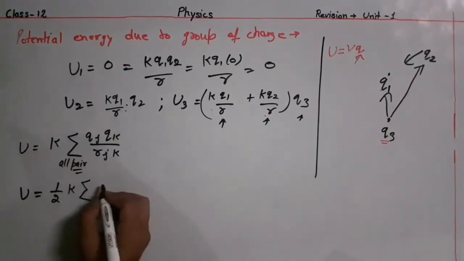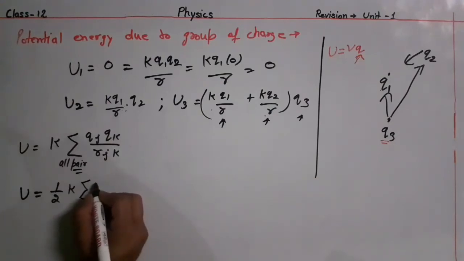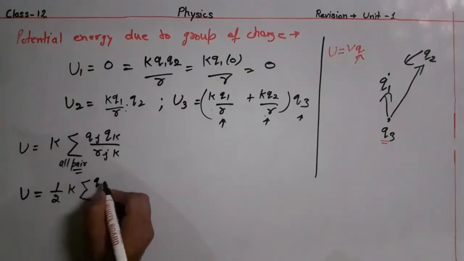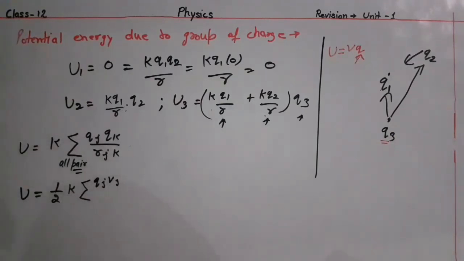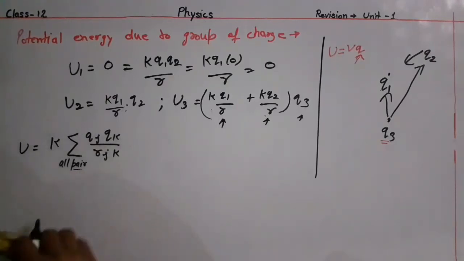So we will get, if we write it in the form of Qj and Vj, Qi or Vj, as you like. Wait a second.